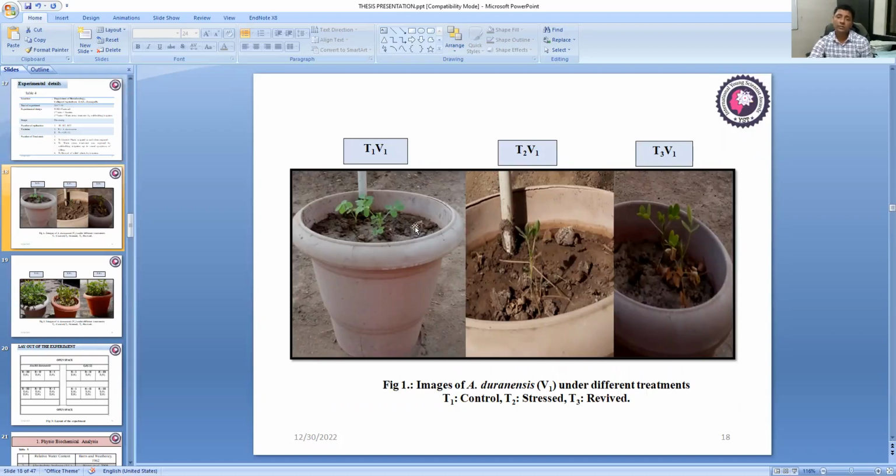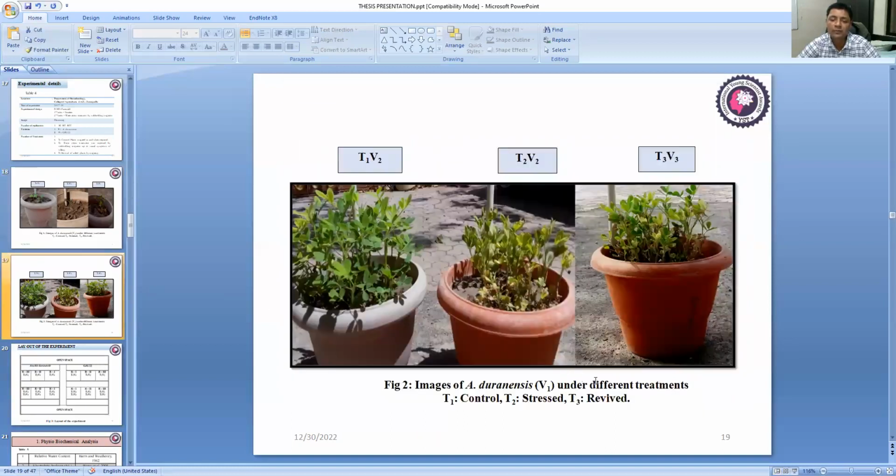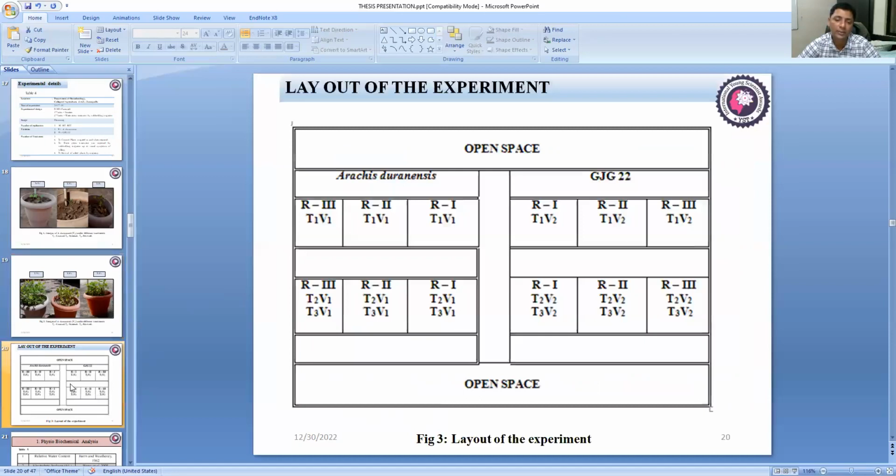If you see the figures, they show the different treatments and varieties, the control and Gujarat Groundnut 22, which show distinct variations. Similarly, in another figure, there is a distinct difference under the different treatments, either the control conditions, the stress conditions, or the revived conditions.